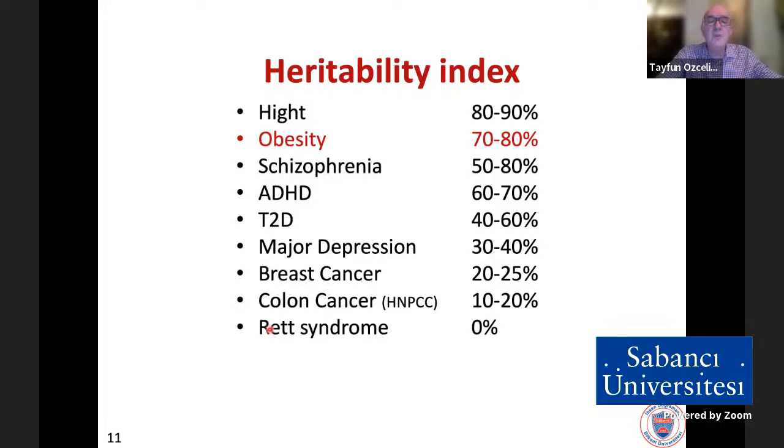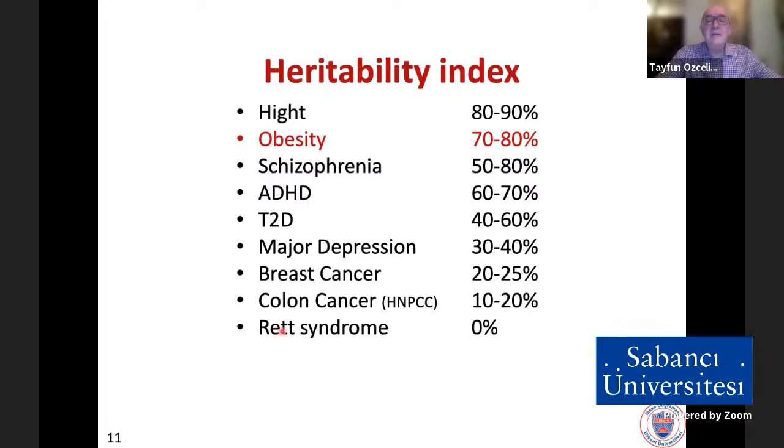This is also true for colon cancer, hereditary non-polyposis colorectal cancer, and APC, adenomatous polyposis coli. We have about 10 to 20%. In general, when you look at different types of cancers, nearly 10% of them are due to familial cases.